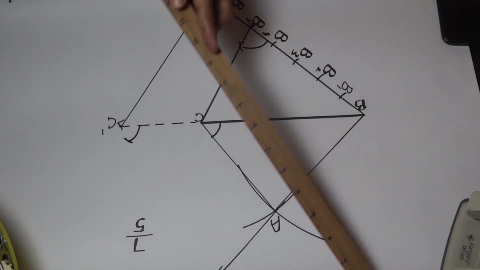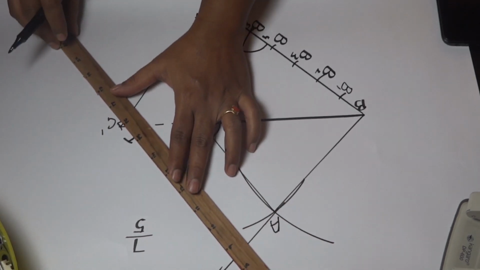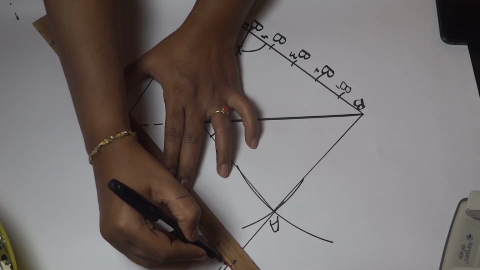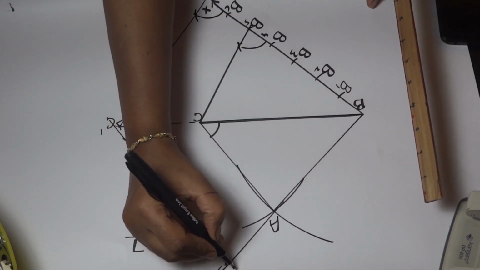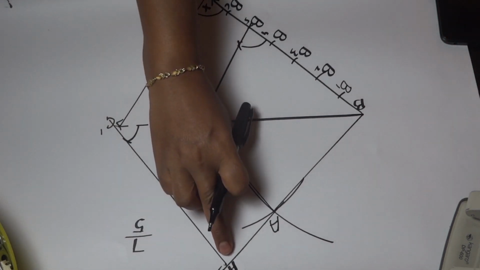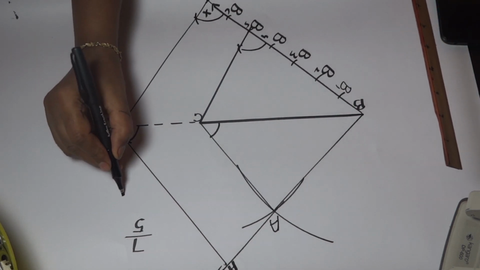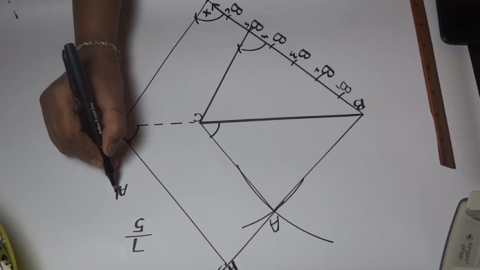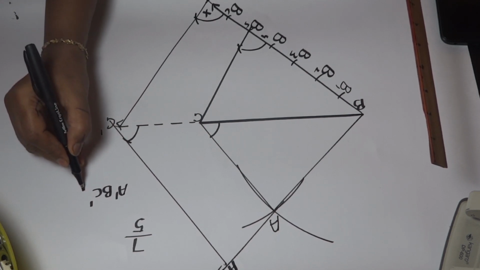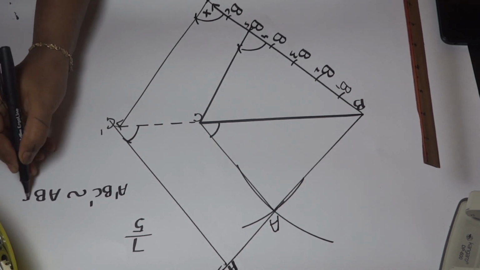Join the point of intersection and C dash to extended part of AC. Let us name this point as A dash. Now A dash B C dash is the new triangle created, which is similar to original triangle ABC.